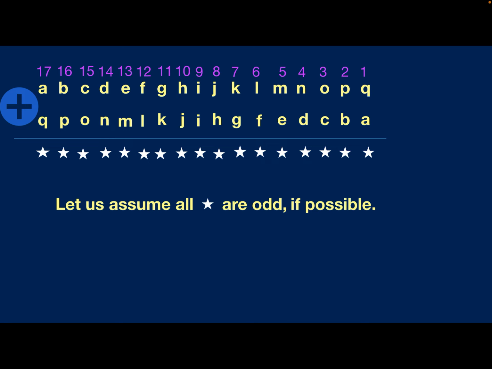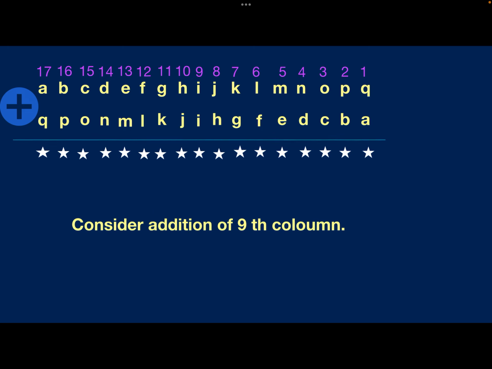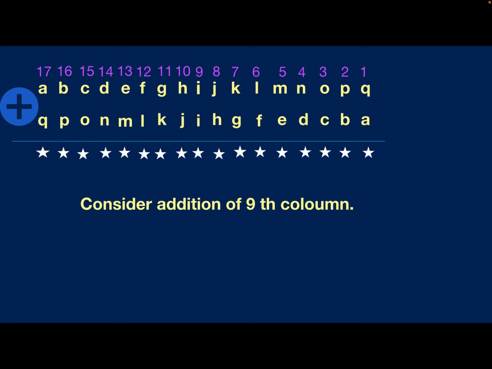Now we consider the addition, and at first we go for the ninth column. Consider the addition of the ninth column. What are the digits in the ninth column? The digits are I and I, the same digits. If we add these two same digits, I plus I, what will we get?